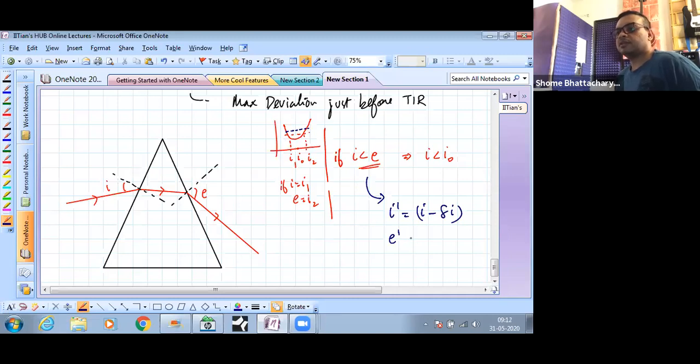So E prime will increase to E plus some delta E. Okay. And our deviation will increase. And delta increases. Okay. So let's not confuse the delta signs here.